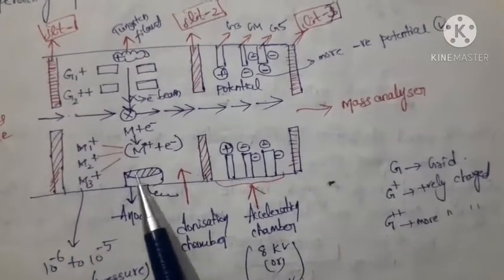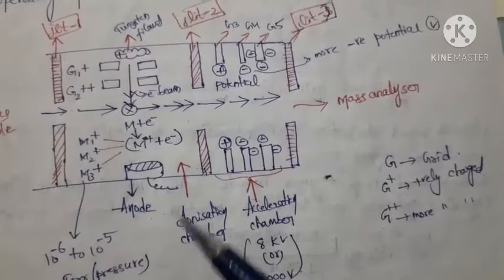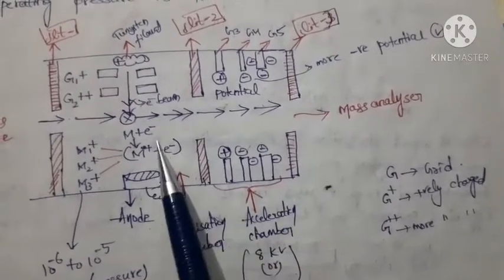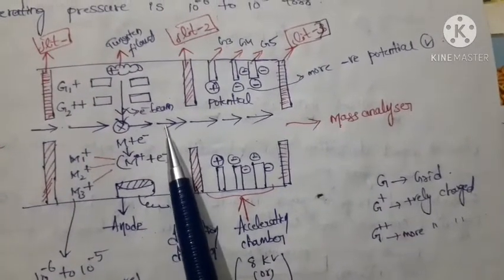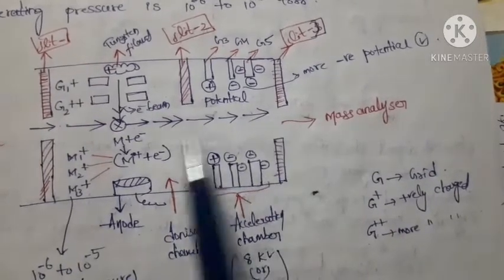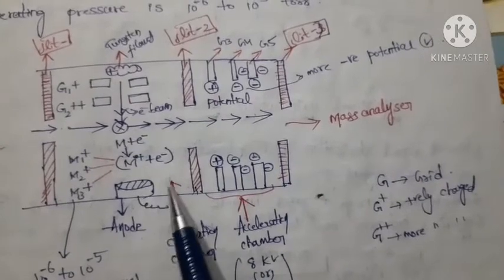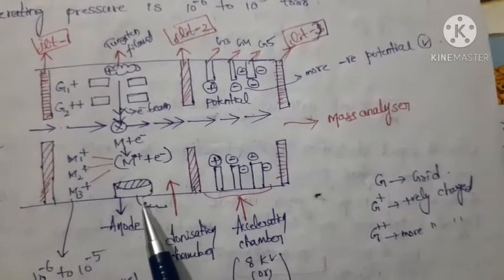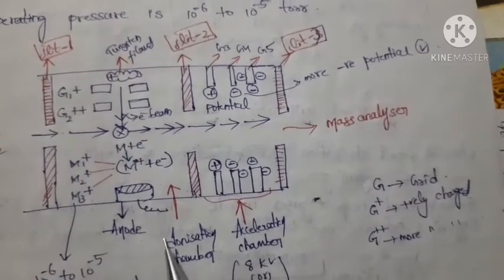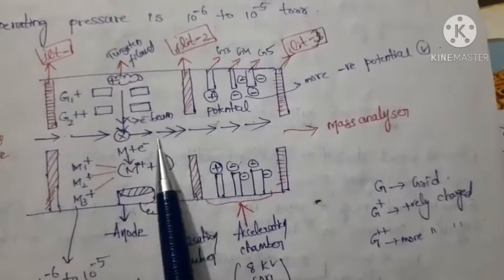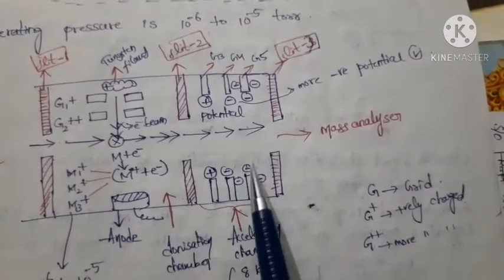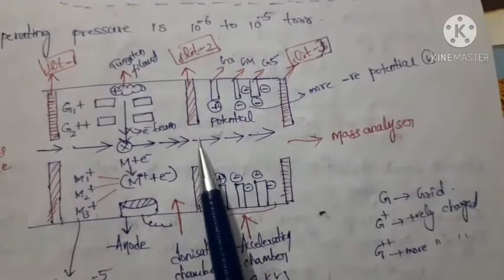So this anode will attract the negatively charged ones, and only the positively charged ones will enter into the next chamber. This is the acceleration chamber. Because the negatively charged ones are already attracted by the positively charged anode, only the positively charged ones enter into this acceleration chamber.